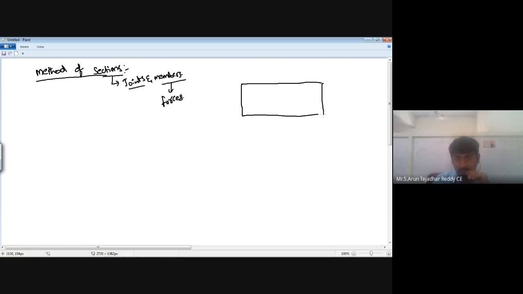So this is one of the sections. It means this is the truss, and this truss is having two supports. One is the hinge support, one is the roller support.